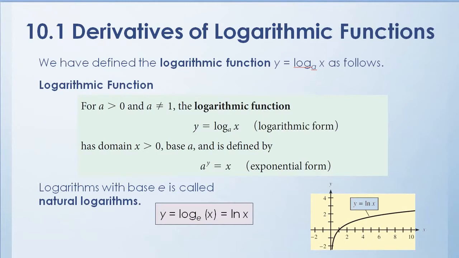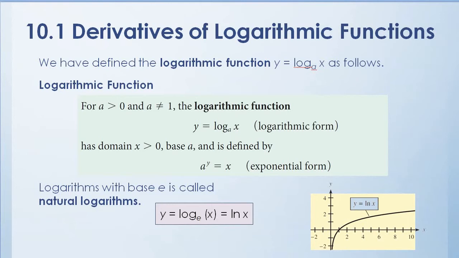We define the logarithm function y equal to log a x, for a greater than 0 and a not equal to 1. Then y equal to log a x has a domain x greater than 0. The reason why x should be greater than 0 is, let's say we have log negative 3.